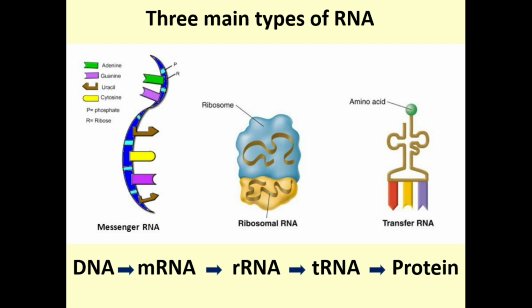And ribosomes themselves are made up of a type of RNA. They're actually made up of a mixture of RNA and protein. And the type of RNA that makes them up is called rRNA, or ribosomal RNA. And what the ribosomal RNA mixed with the protein makes up is these ribosomes.